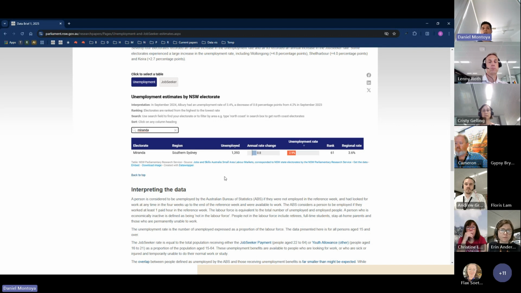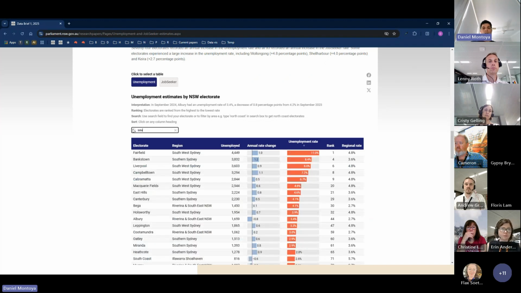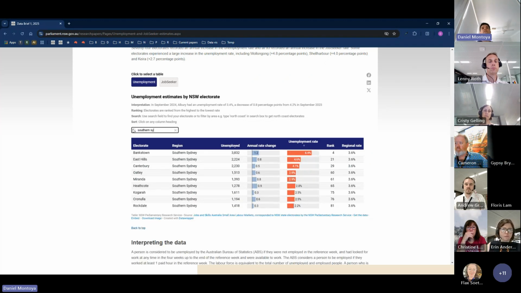We've grouped all electorates into regions across New South Wales, and in this case, the region is Southern Sydney. So you can search for your region and see how Miranda compares with other electorates around it. You can see there's a regional rate of 3.6%, and some of the electorates have much higher unemployment rates than Miranda, which is about in the middle.